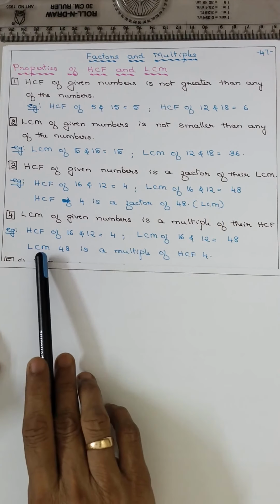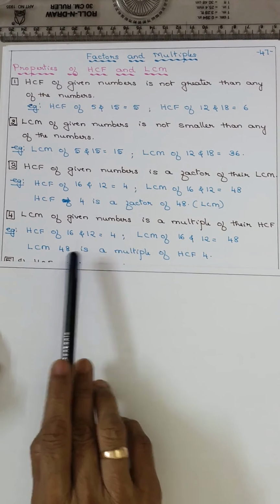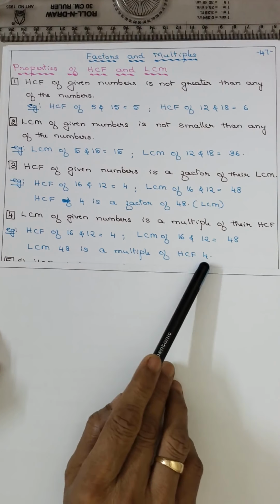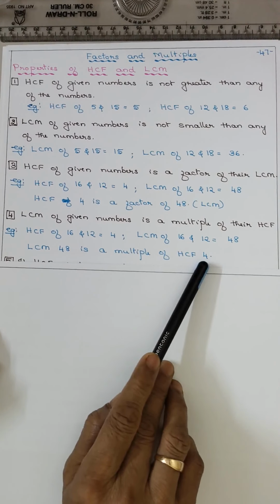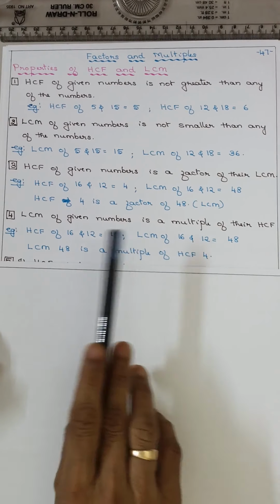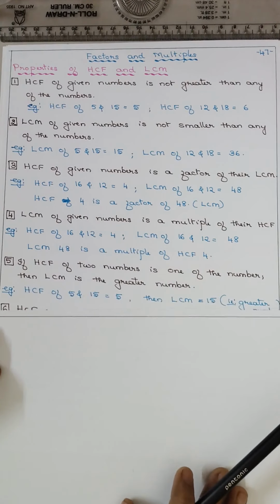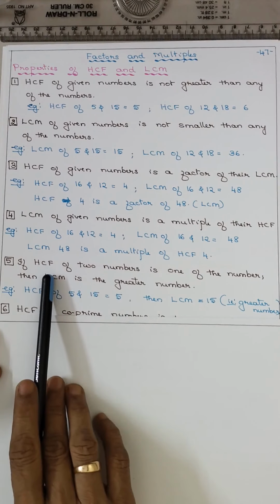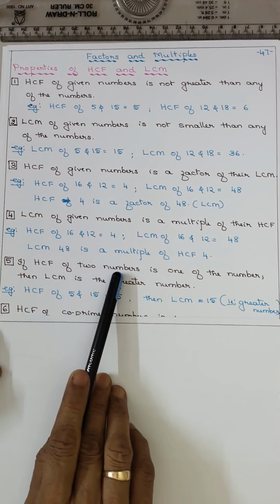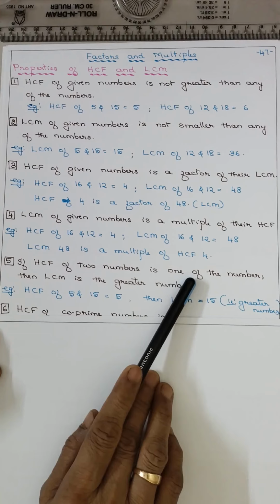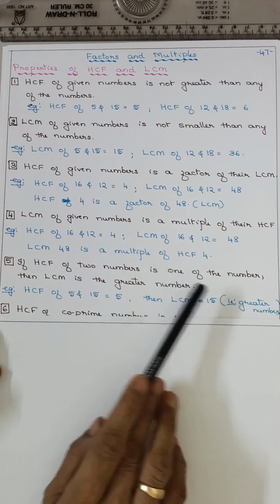Now LCM 48 is a multiple of HCF 4, isn't it? 4 12s are 48.